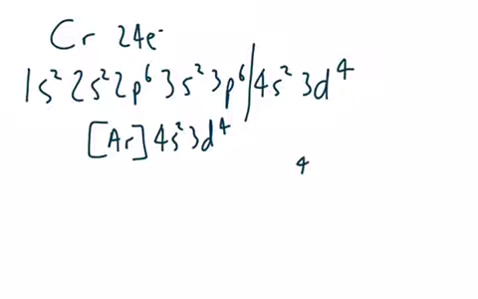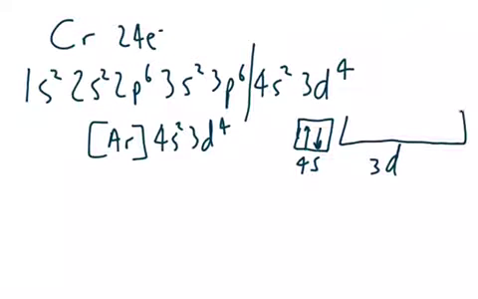If you do an orbital diagram and you put 2 here in the 4s, and then when you do the d, you have to draw a total of 5 boxes, and you follow Hund's rule and put 1 in each. Notice what's going to happen. There's an empty room over here.